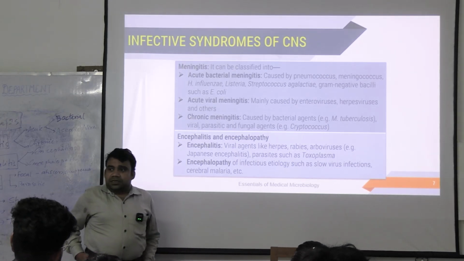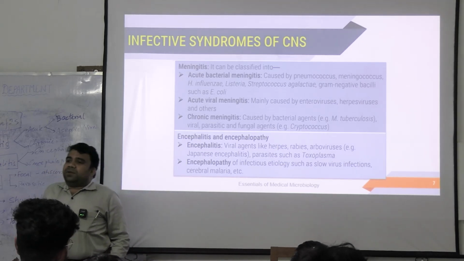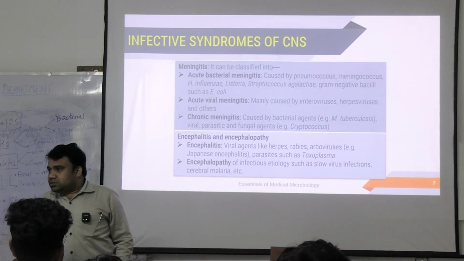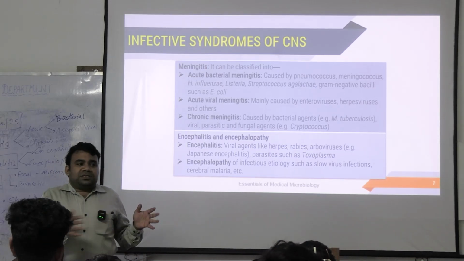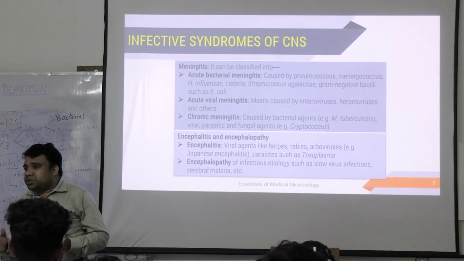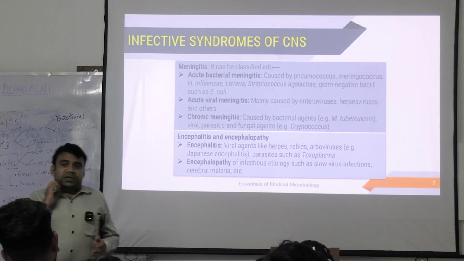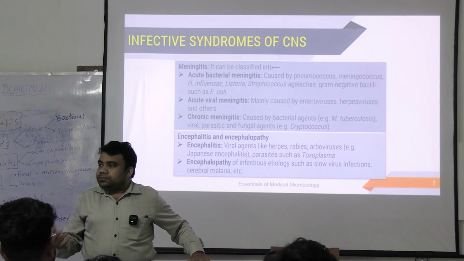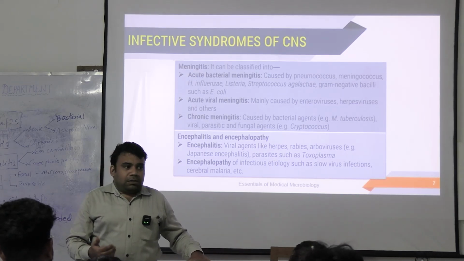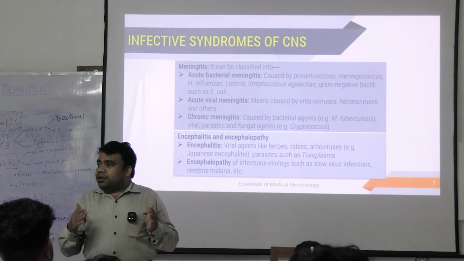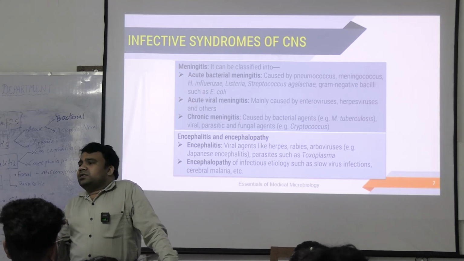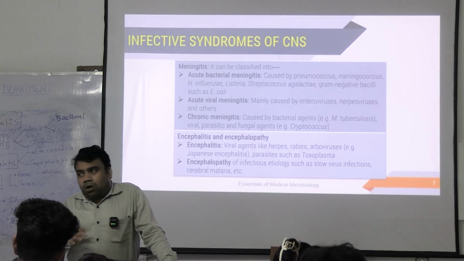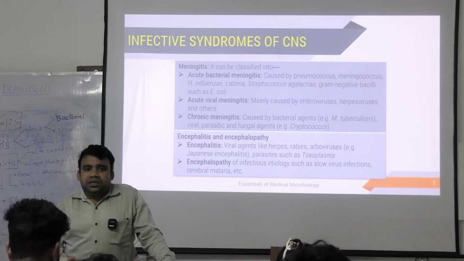Coming to chronic meningitis. Chronic meningitis means a disease process which is insidious in onset. That means the presentation is over a prolonged period. So, these will generally be caused by organisms which are virulent, but they constantly fight against the human body. That means the human body is able to resist to some degree, or the organisms are slow growing in nature.